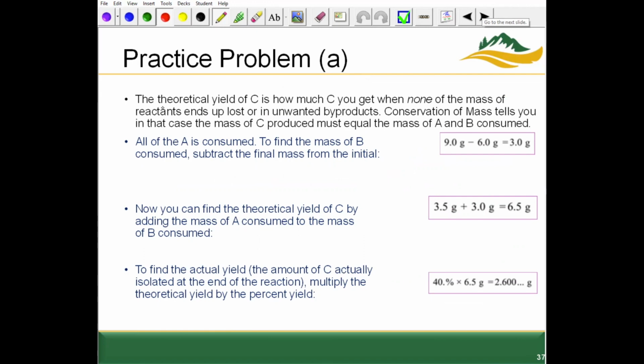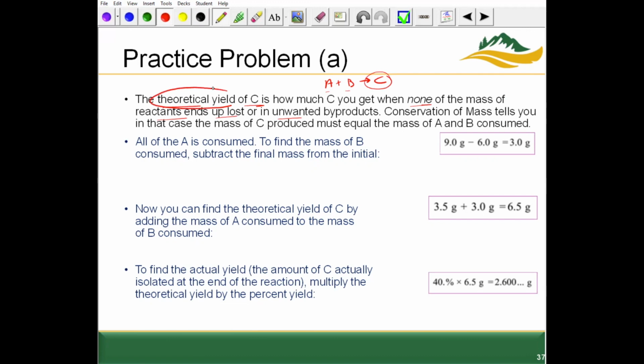So for the theoretical yield of C, that's how much we get when none of the mass of the reactants ends up lost or in any unwanted byproducts. So anything used up from A and B goes into C, and everything used up in A and B will go into C.